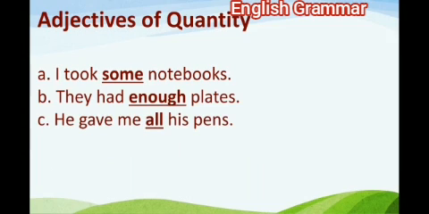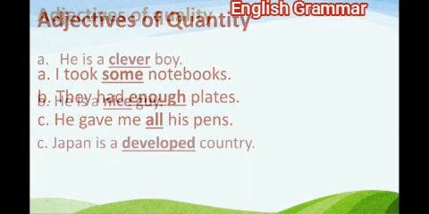He gave me all his pens. How many of his pens did he give me? All. So we use adjectives of quantity when we don't want to say or we don't know the exact number of nouns that we are talking about.